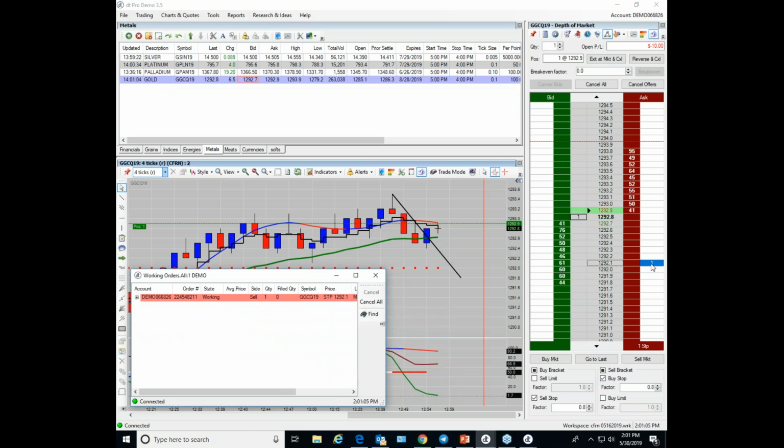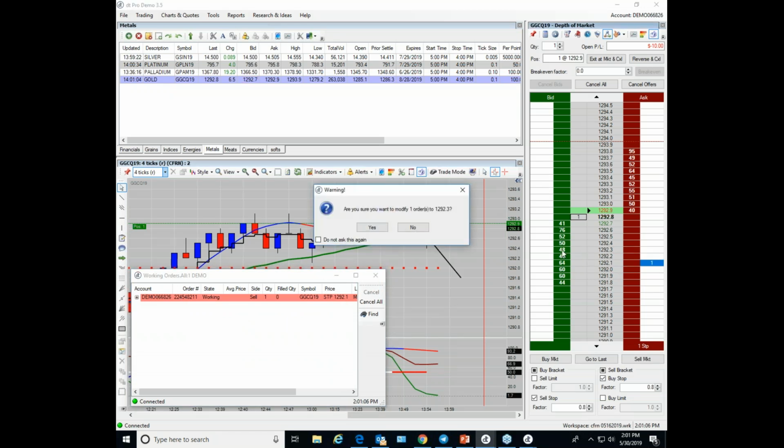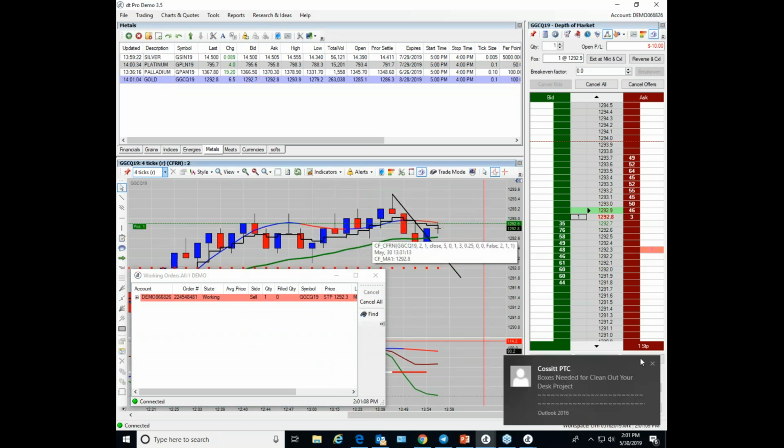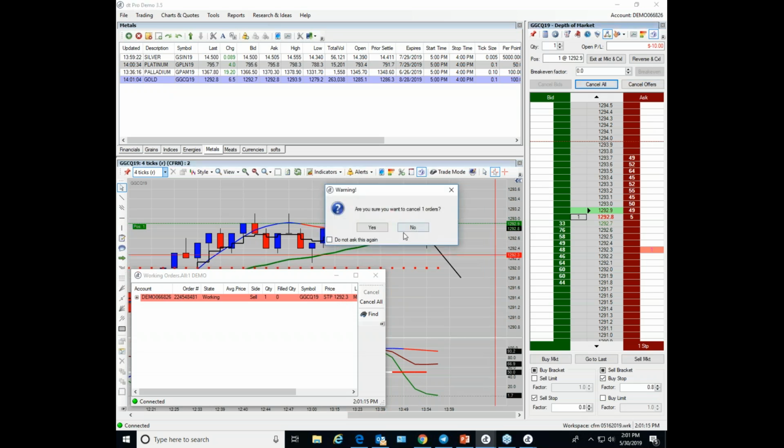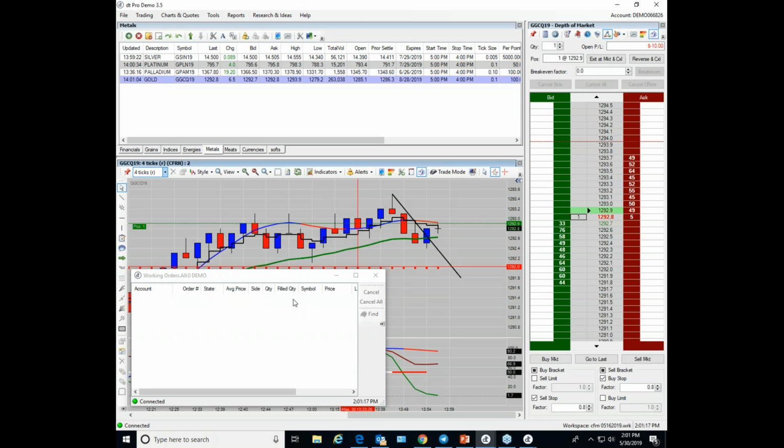That's where it is on the DOM. If I move it up, the stop has changed. But if I cancel the stop, notice how it's disappeared. There's nothing in there. So when you get out of a trade, this box should be empty.